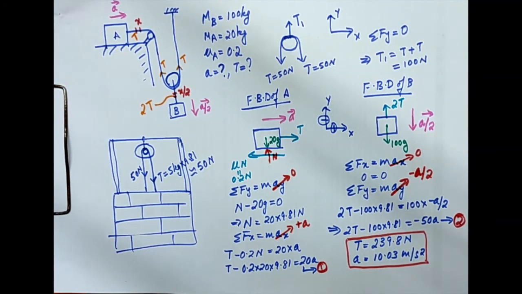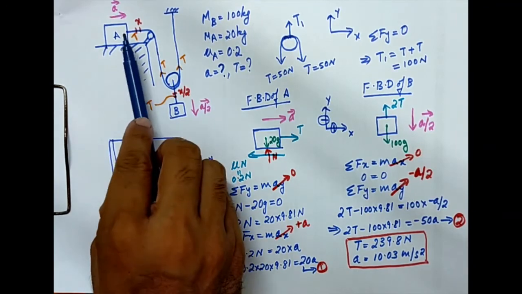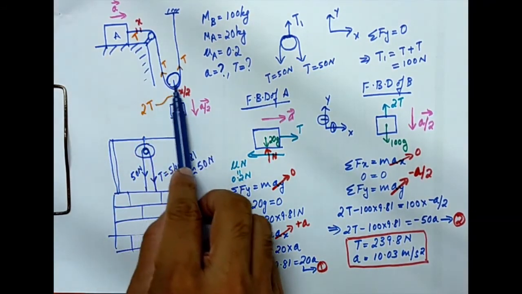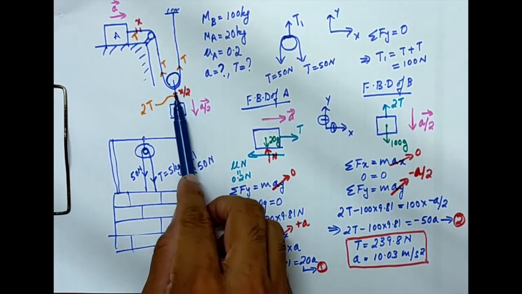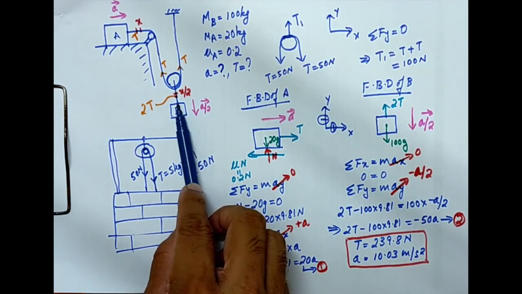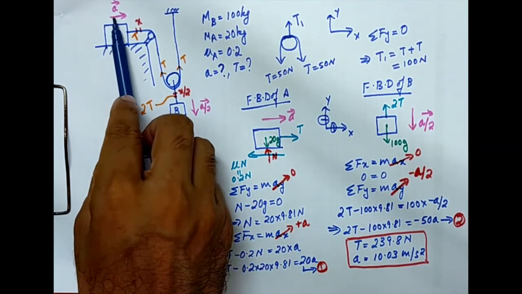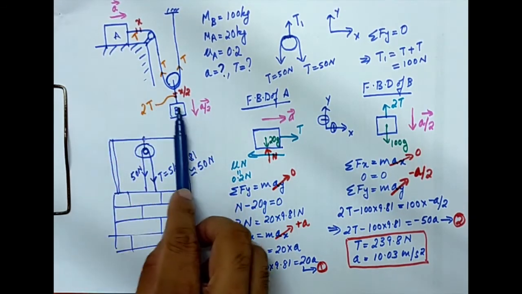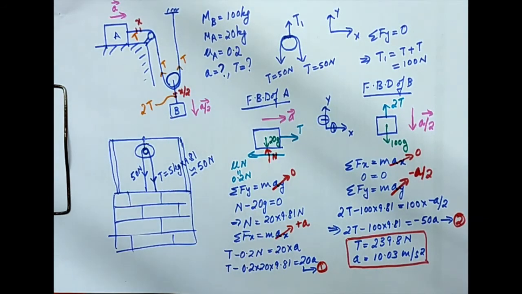But this is not the complete answer, because here we can see that the different cables are having different tension. This cable is having a tension value T and this cable is having a tension value 2T. Similarly, acceleration is A for block A and A by 2 for block B. So that needs to be written separately.